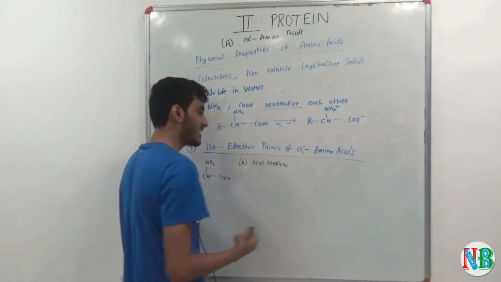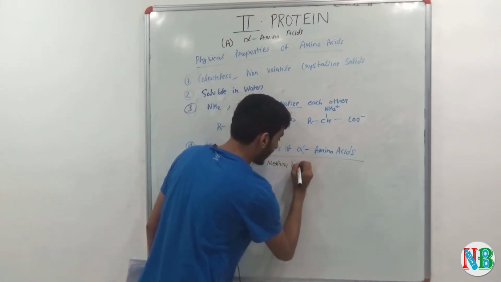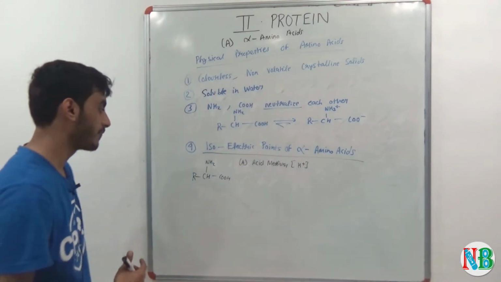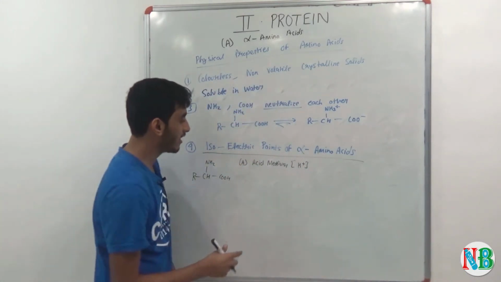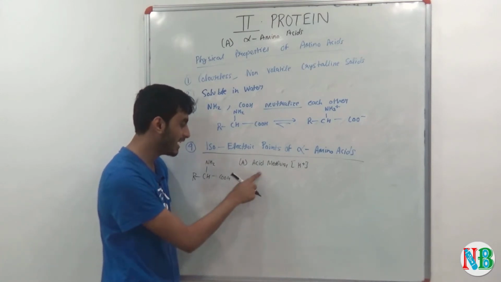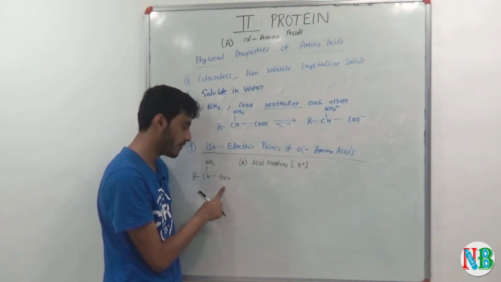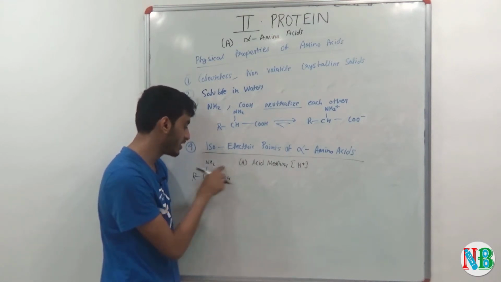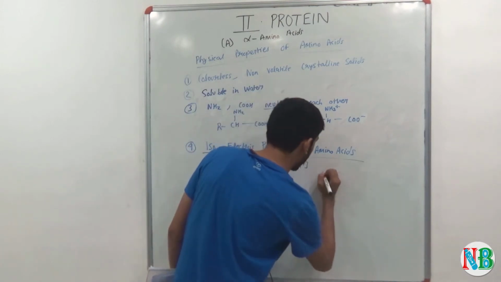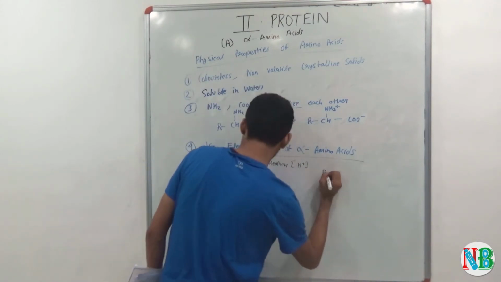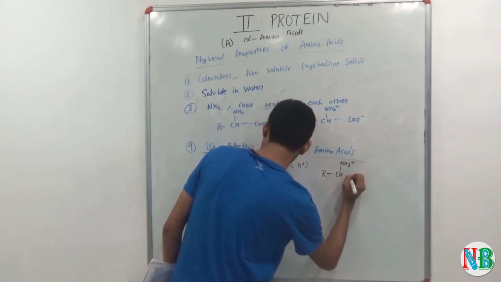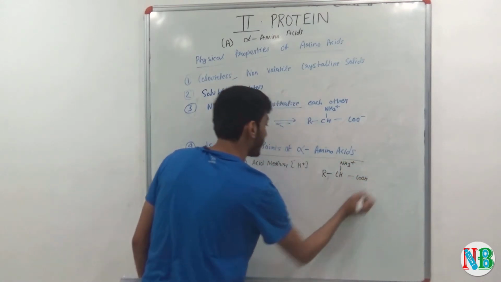When is a medium acidic? Any medium which contains more of H plus ions, it is acidic in nature. Will H plus come and react with COOH? Will acid react with one more acid? No. Will acid react with a base? Yes, it will. So in the acidic medium, it forms RCHNH3 positive and COOH.